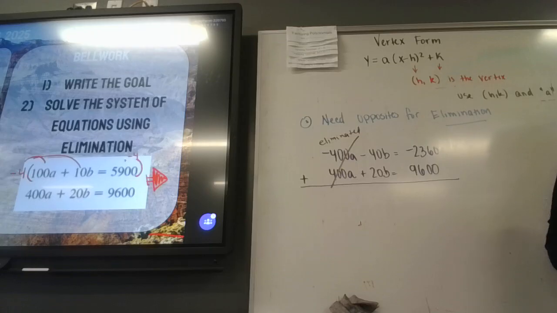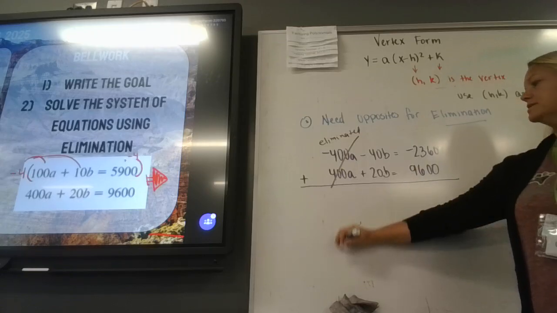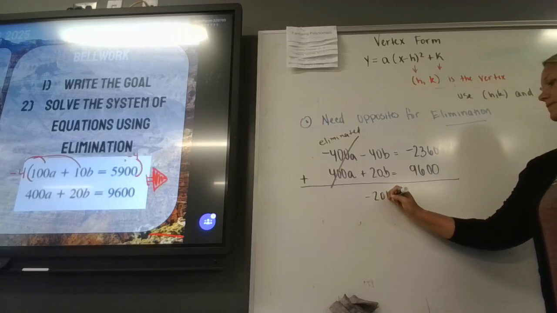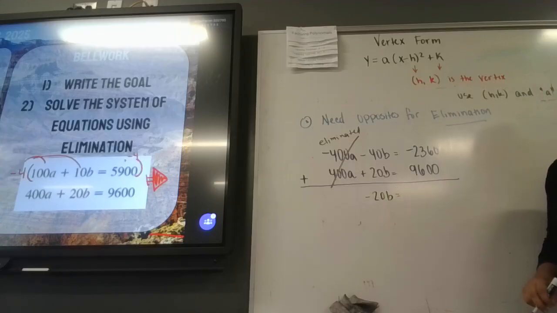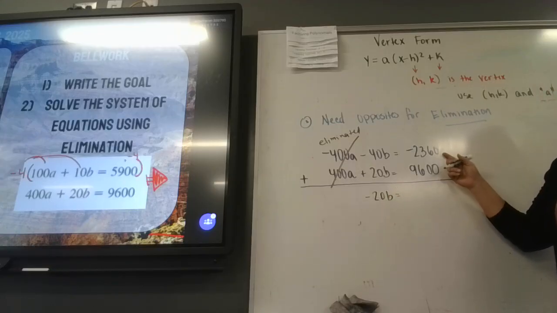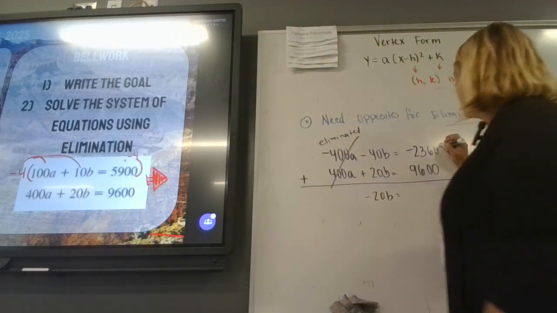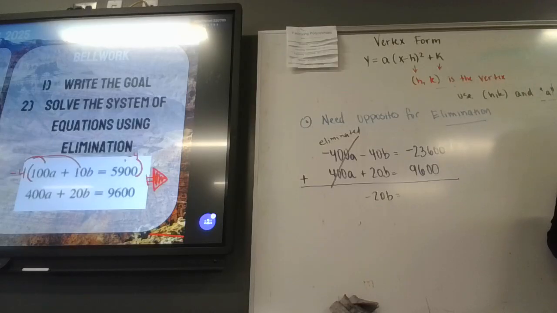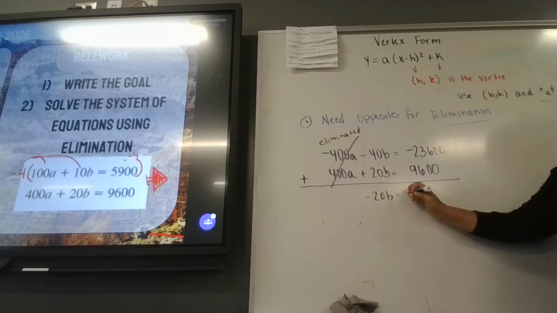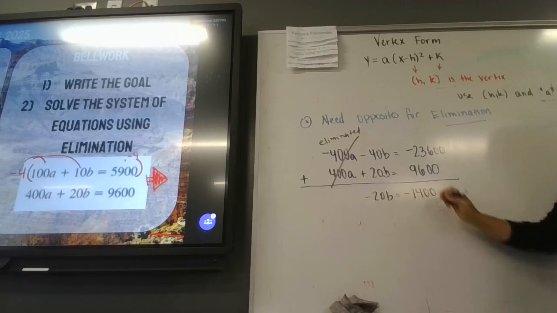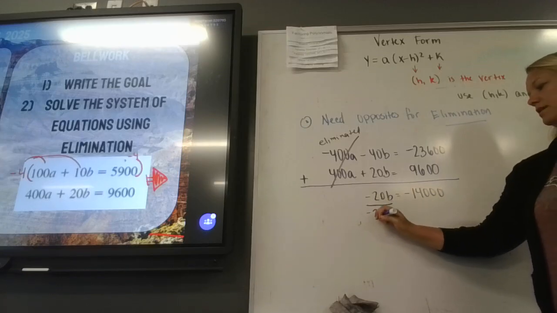No, it would be 0. Negative 40 plus 20. Let me just get my calculator. Okay. All right, now can you add down for me? Negative plus that. Negative 14. Thank you. All right, and then you solve it. We'll divide both sides by negative 20.